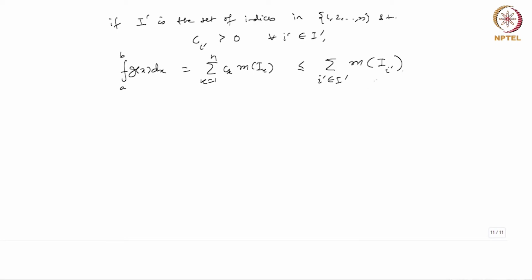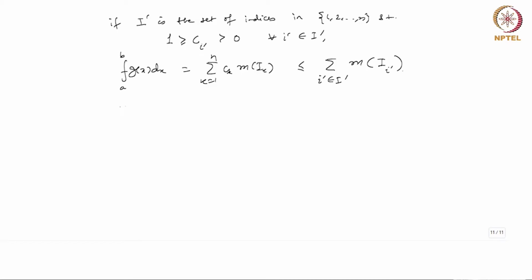We are only taking those indices for which c_i' is greater than 0, but we already know that c_i' must be bounded above by 1, and since we have discarded the negative values, this sum of c_k m(I_k) can be bounded above by this new sum over the indices for which these values c_k are strictly positive.